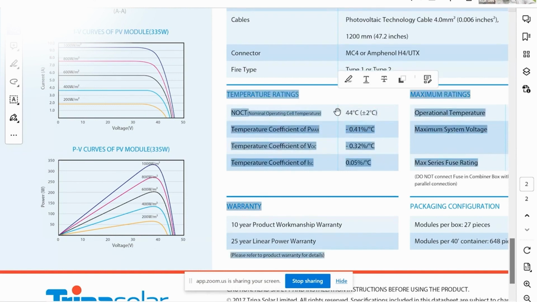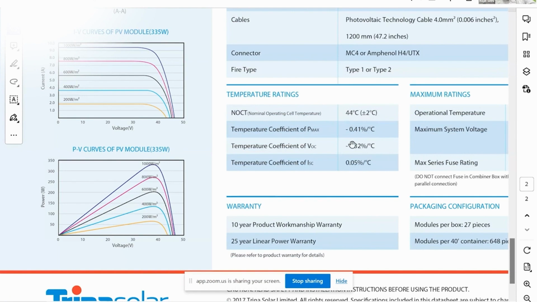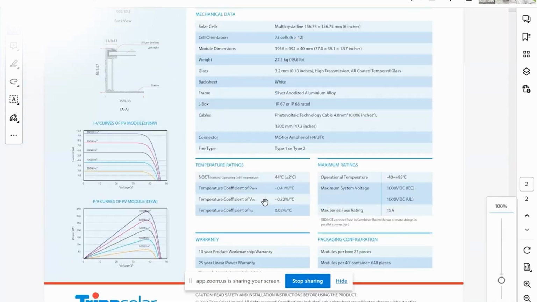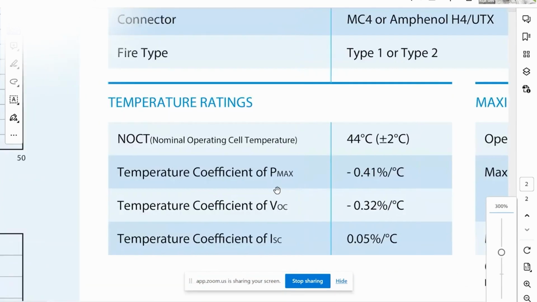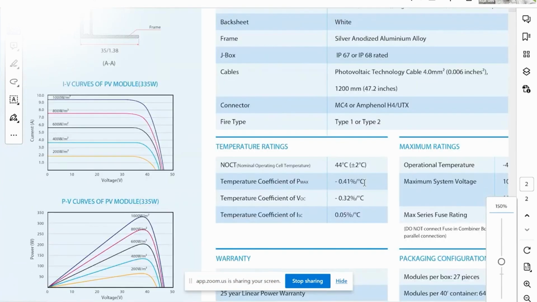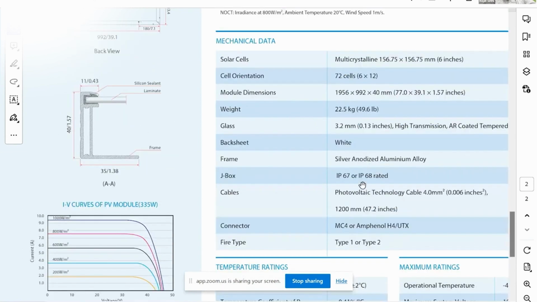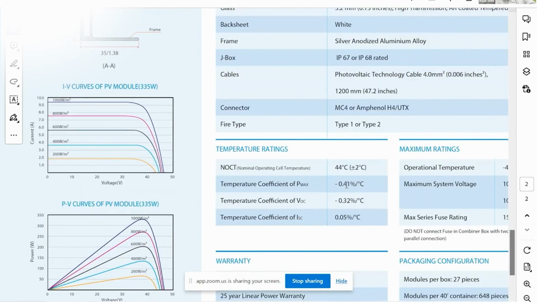These are the conditions. This is how we can calculate how much is the thermal loss in my module. If I have an ambient temperature of 40 degrees, which is 15 degrees over and above the 25 degree rated temperature, then 15 times 0.4 is 6, so 6% will be lost.